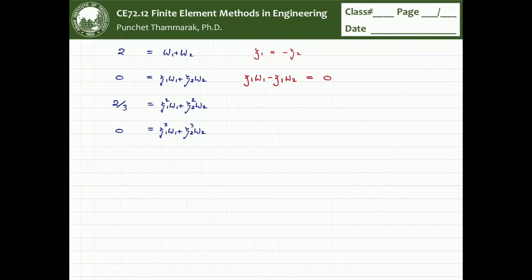So that means W1 is equal to W2. As W1 is equal to W2, this is substituted by W1, and we end up with W1 equals W2 equals 1.